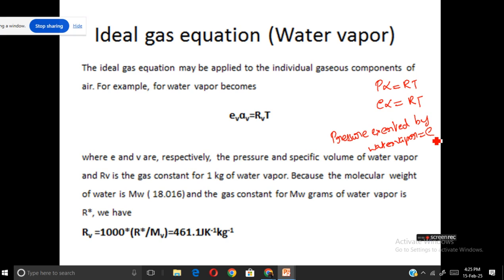In this case, R_V is the specific gas constant for moisture or water vapor. R_V or R_M has a value of 461.5 joule Kelvin inverse kilogram inverse. So in case of water vapor, it will become E alpha is equal to R_V T, where E and alpha are the pressure and specific volume of water vapor.